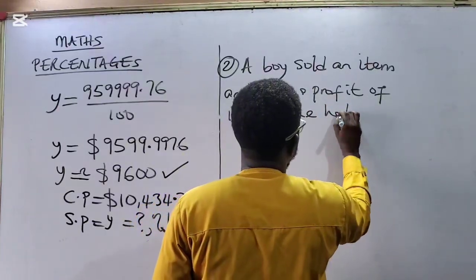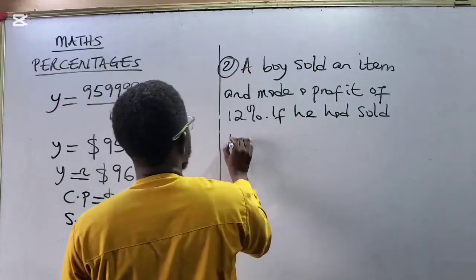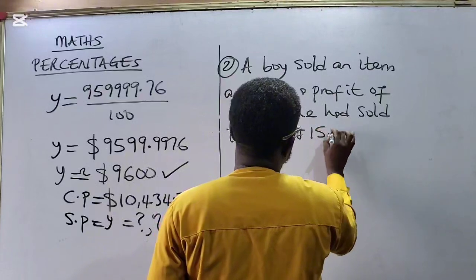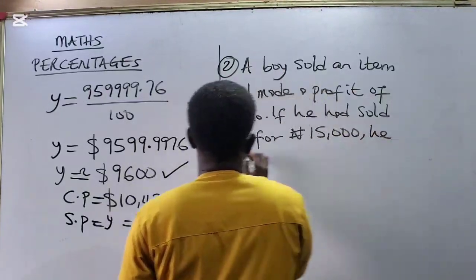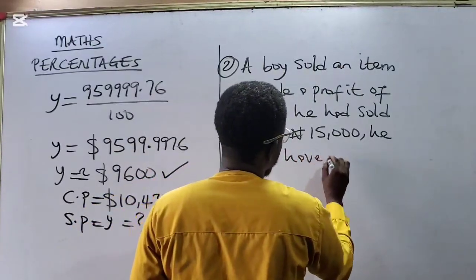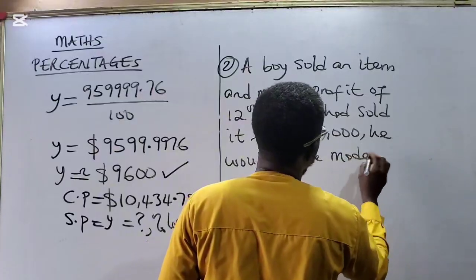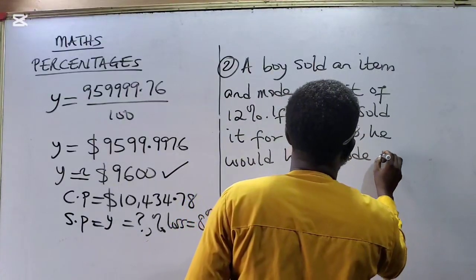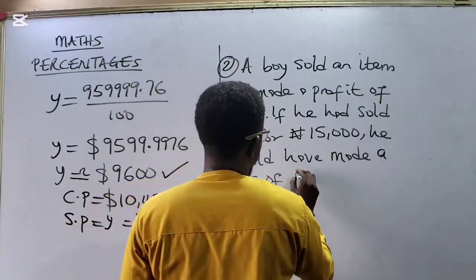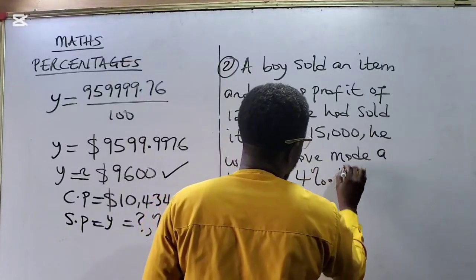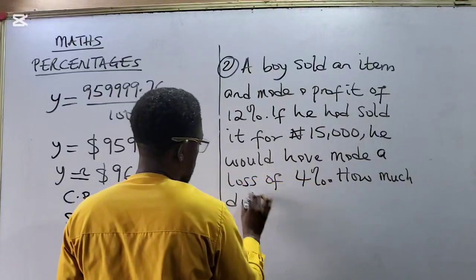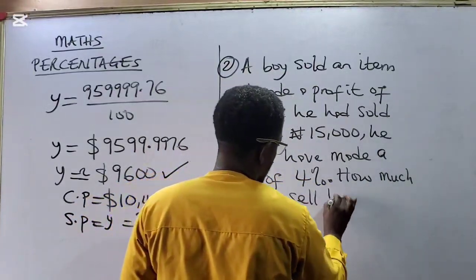If he had sold it for 15,000 naira, he would have made a loss of 4%. How much did he sell the item?